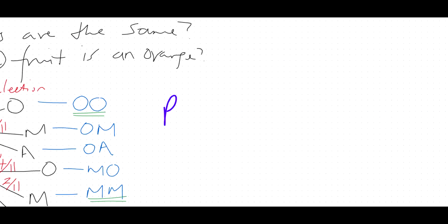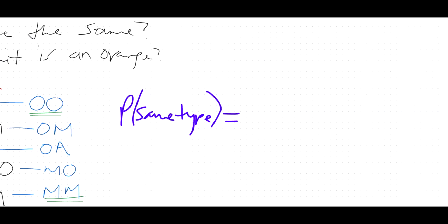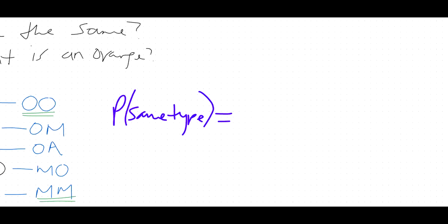So probability, same type equals to, okay, and I've allowed you to move your screen so that you are able to see the whole of the whiteboard.